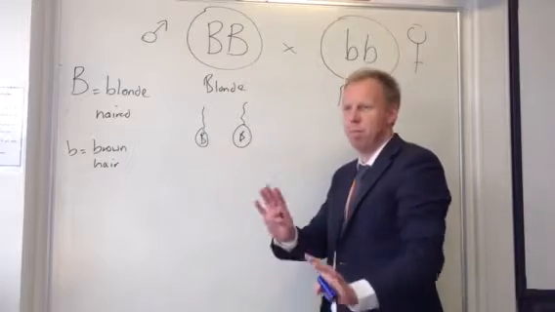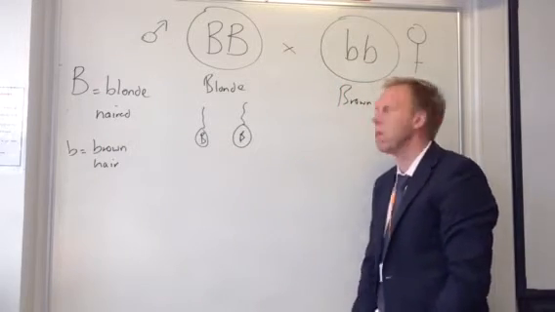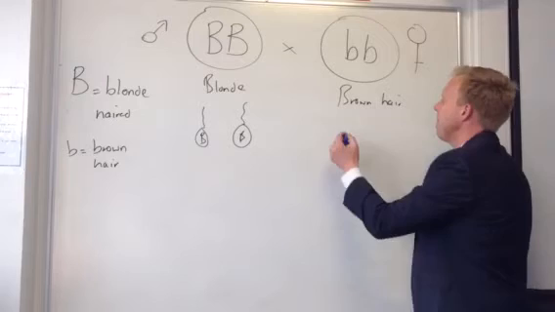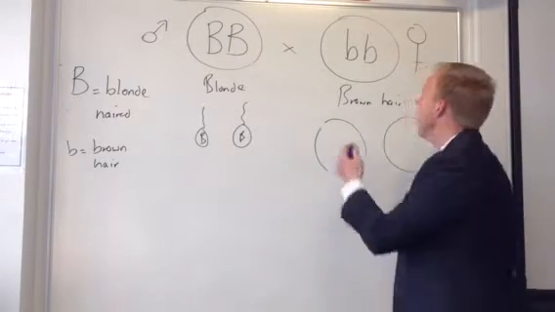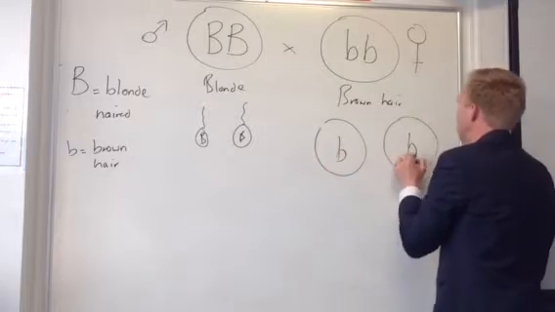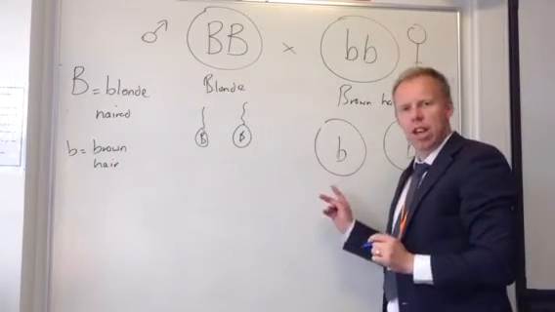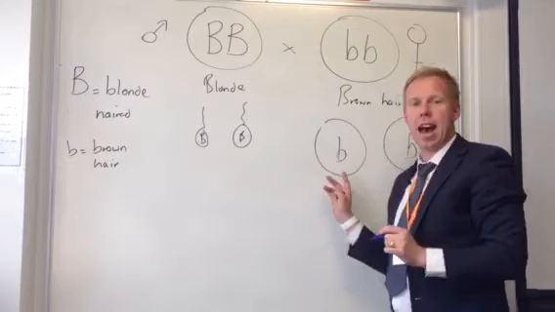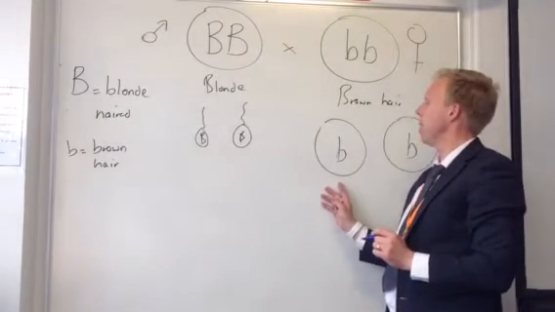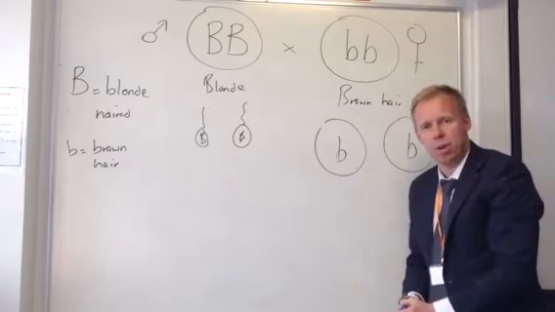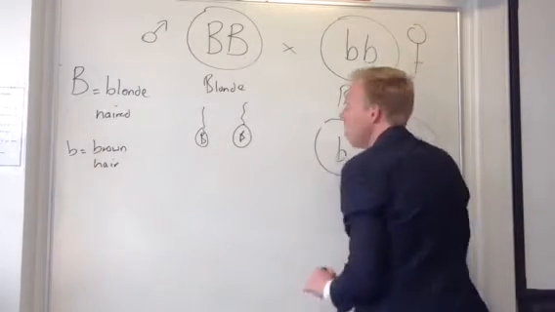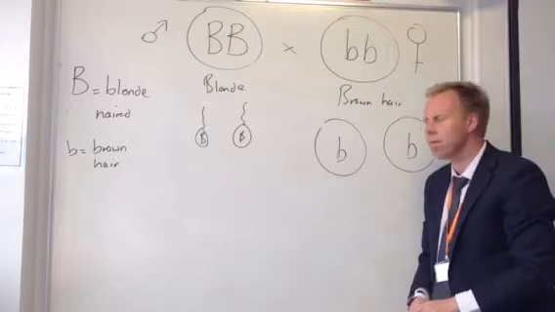They are the same, but let's just keep it like that because that keeps things simple. By the same token, the female will produce eggs and they will contain the little b brown-haired allele. Alright? And then fertilisation will take place where a sperm will meet an egg and will produce offspring.